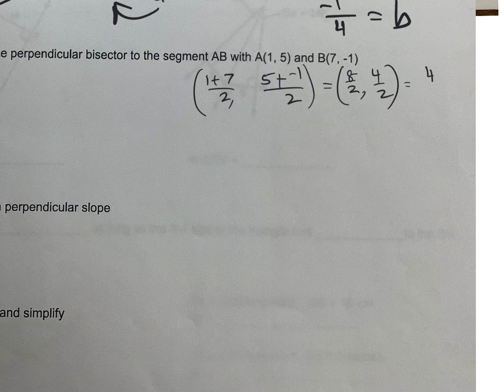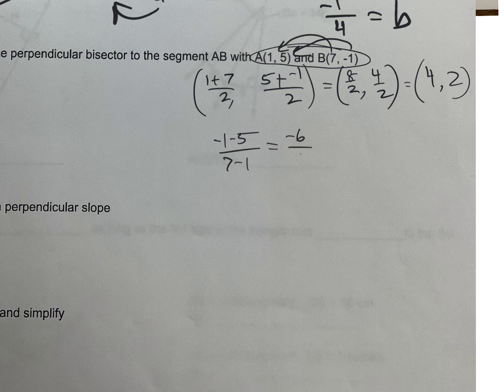And that answer is 4, 2. That's our midpoint. The next thing we're going to do is find our slope between these 2 points. So y: negative 1 minus 5 over x: 7 minus 1. We get negative 6 over 6, or negative 1. Then we find the perpendicular slope, which is positive 1.